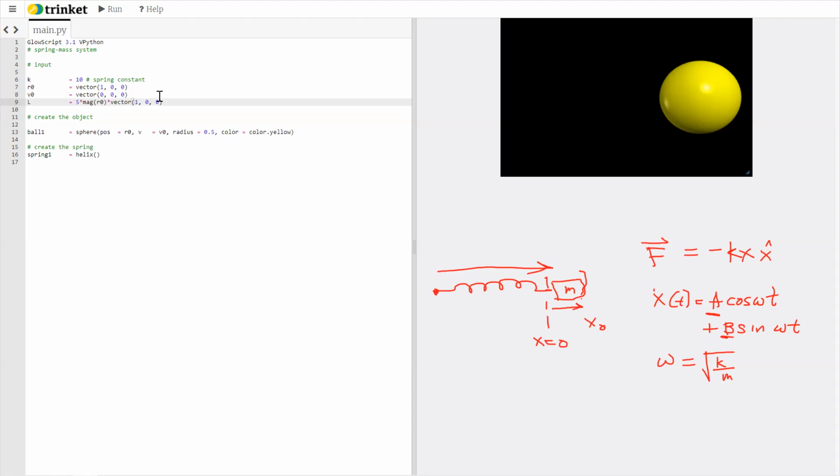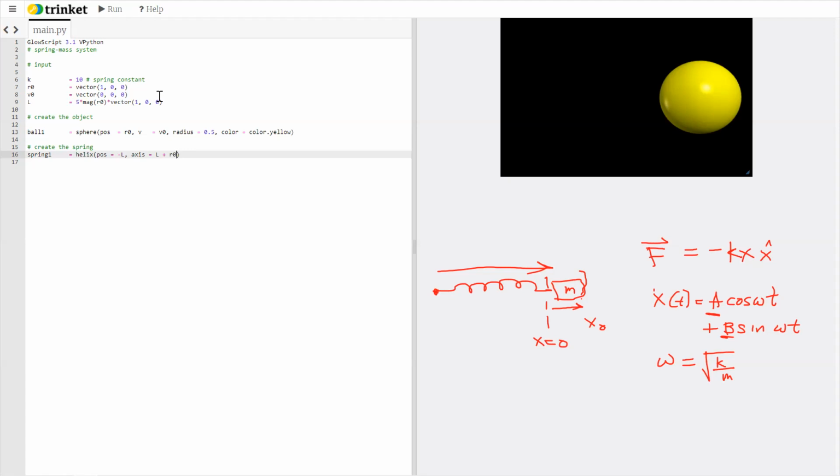So the helix will have position at negative L, and the axis will be equal to the length of the spring plus the initial displacement of the mass.